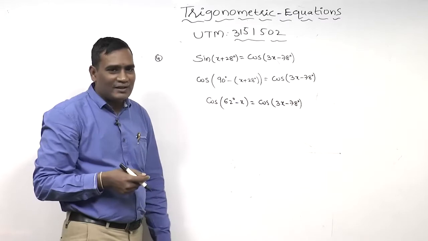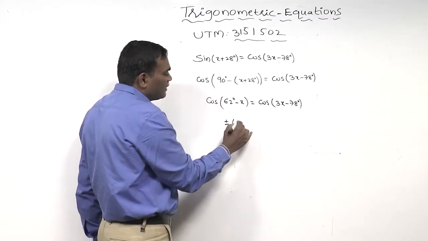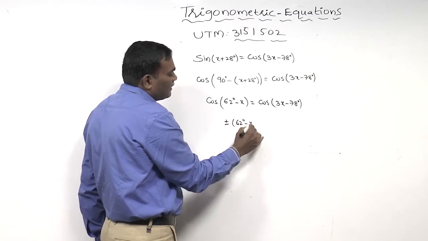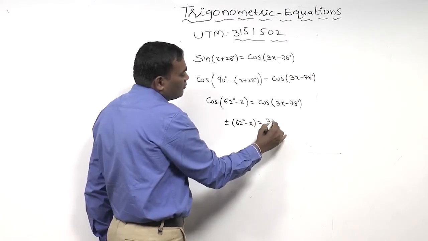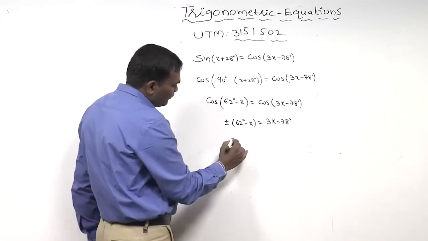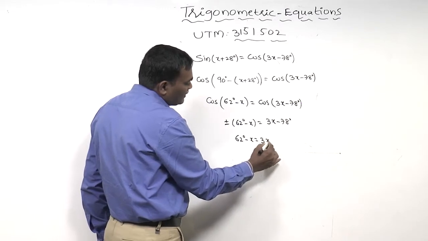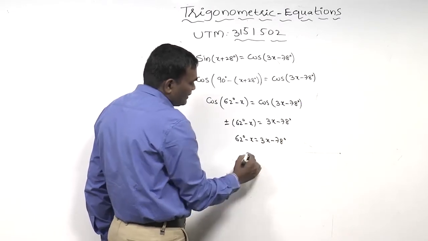Cos of minus theta is equal to what? Cos theta. That's why here do one thing: plus or minus, 62 − x is equal to 3x − 78. First you take plus. What happened? 62 − x is equal to 3x − 78 degrees.